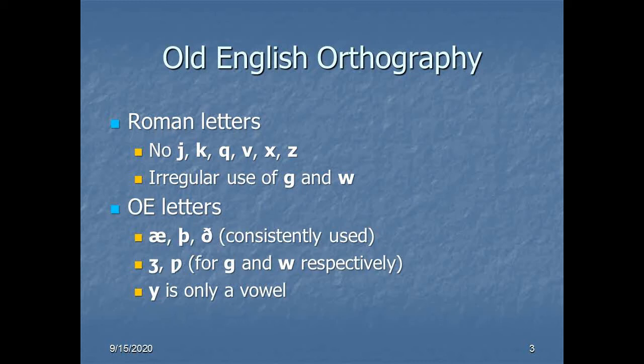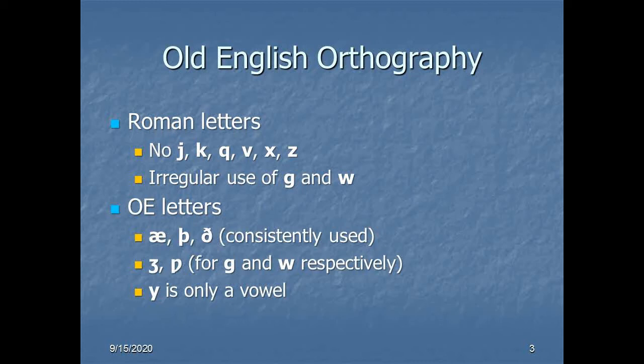As for the next two, you probably haven't seen these even if you've read Old English, because most editors change them. The first one that looks like a wonky 3 is called a yoch, and it is usually changed in modern editions of Old English to a G. And as I said, the Old English scribes had an irregular use of the G. They tended to use yoch instead, but sometimes there were Gs.